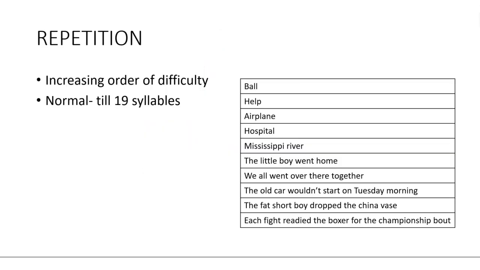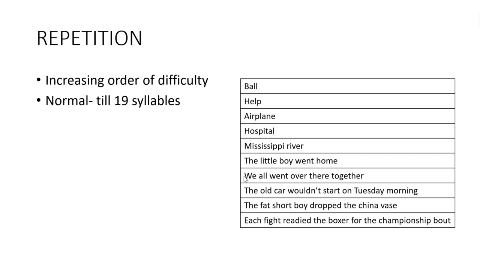Next, moving to repetition. When we test for repetition in our patient, like I explained in the previous video, part 1 on aphasia, we are testing for the activity of the arcuate tract. We ask our patient to repeat words after us, and we make a list well in advance. We have this written down on paper so that we don't have to keep searching for words and sentences to repeat.